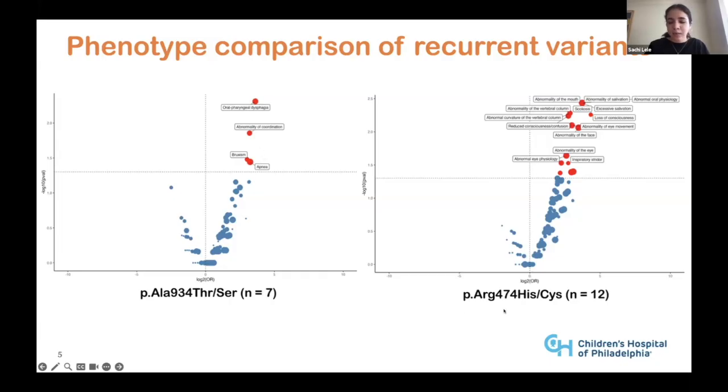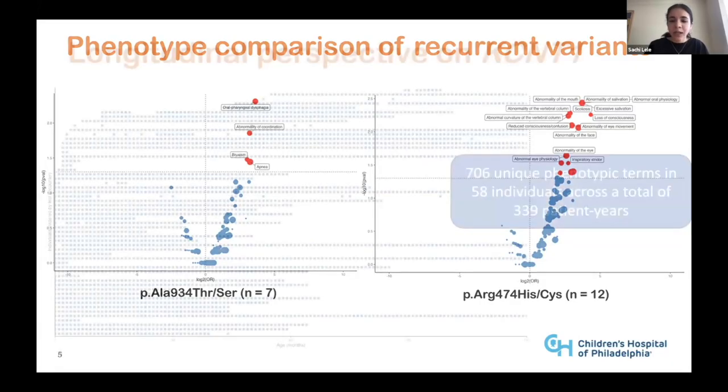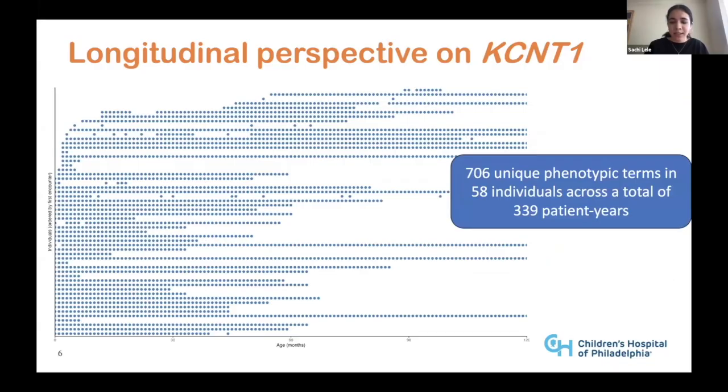And on the right, individuals with the recurrent variant 474 experience abnormality of the oral and mouth physiology, or oral and eye physiology, along with loss of consciousness. So in total, we had 706 unique phenotypic terms across 339 patient years.